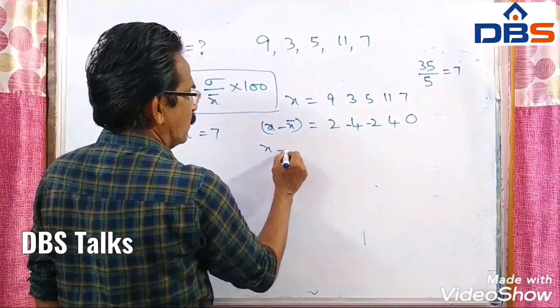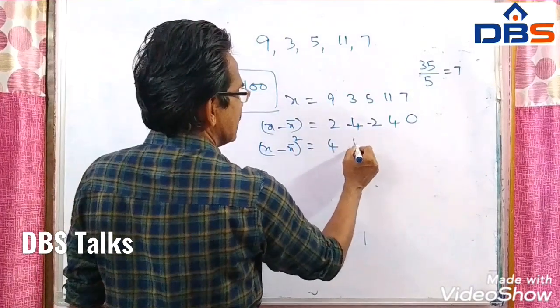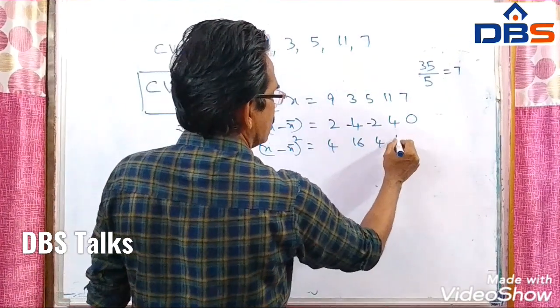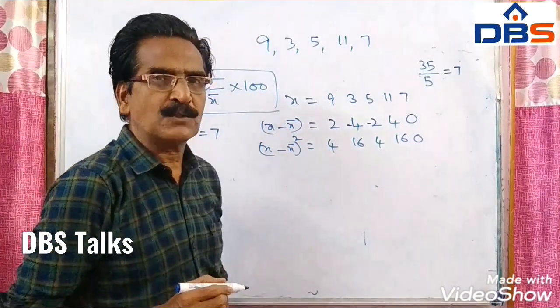Now x minus x bar whole square values: 9 minus 7 is 2, 3 minus 7 is minus 4, 5 minus 7 is minus 2, 11 minus 7 is 4, 7 minus 7 is 0. The squares are 4, 16, 4, 16, 0.